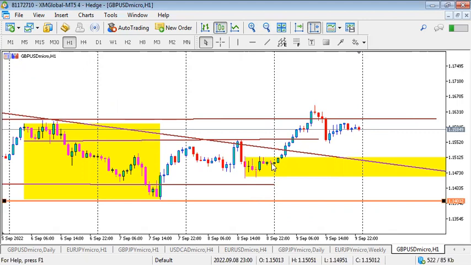And the last bearish candle before the move upwards is this doji, or whatever you want to call it.